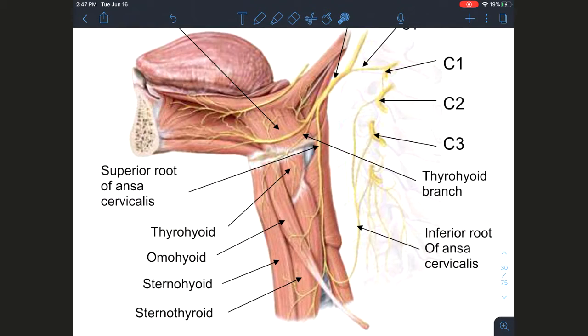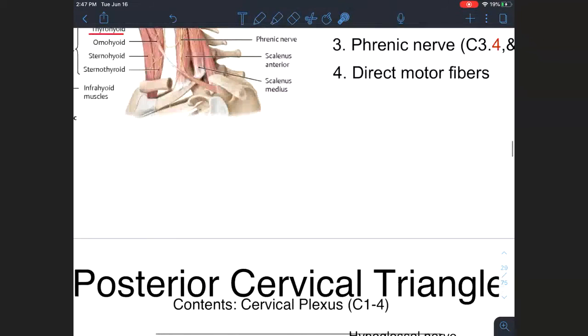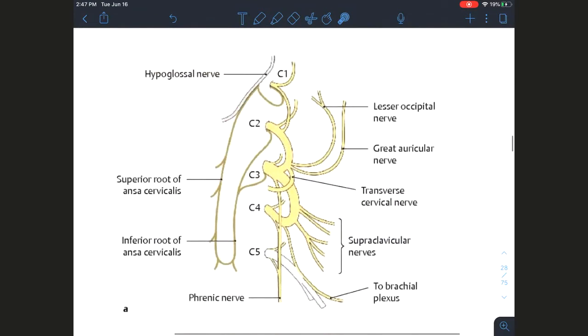first picture, Aaron? I feel like it's a little easier to see. There we go. Okay, so the superior root is only coming from C1. That's important to know. But the inferior root is coming from C2 and C3. And like Matthew said, it's found in the carotid sheath, and it's the motor component of the cervical plexus.